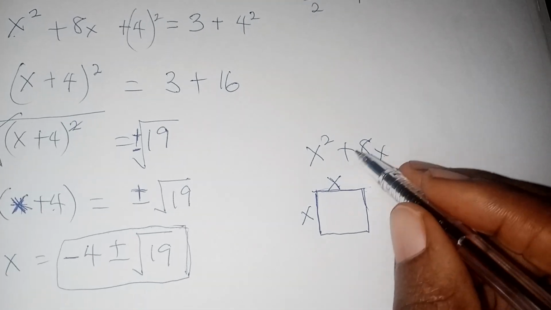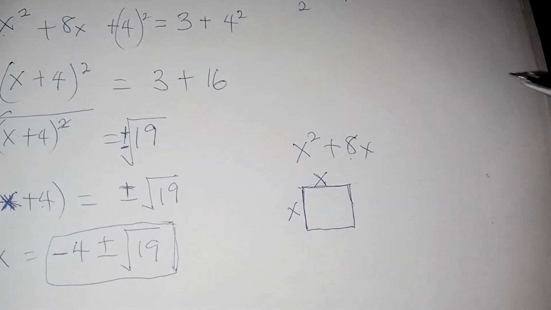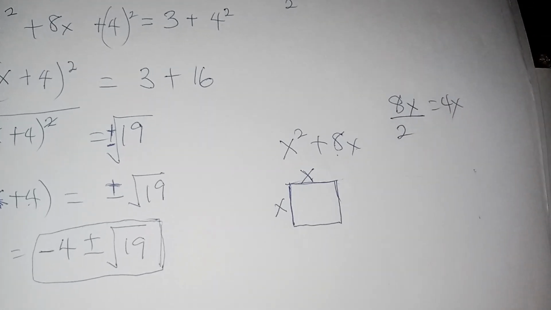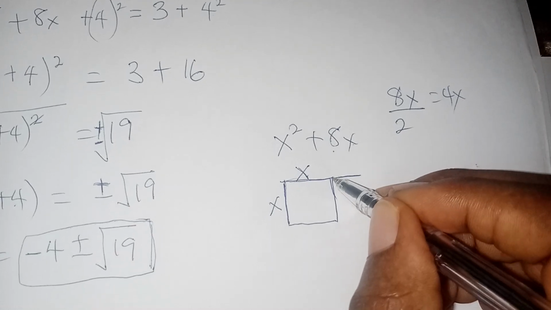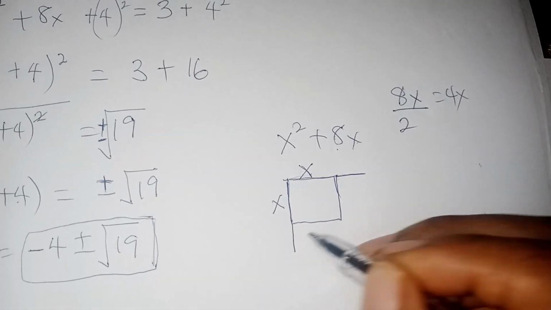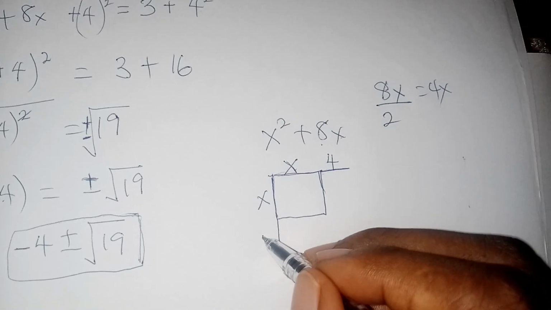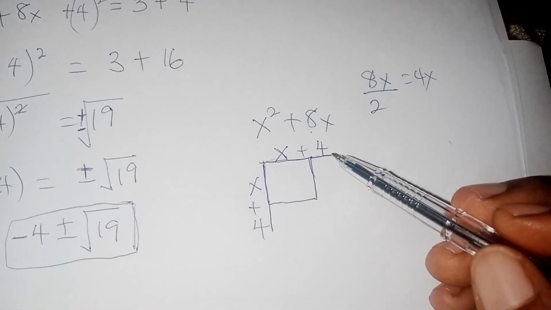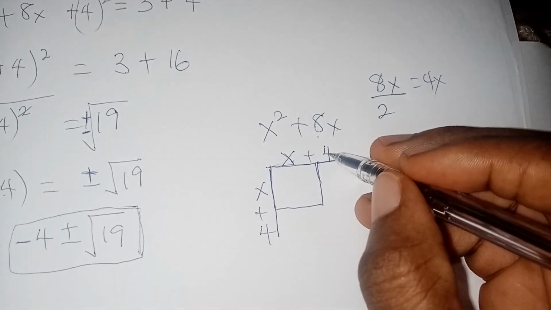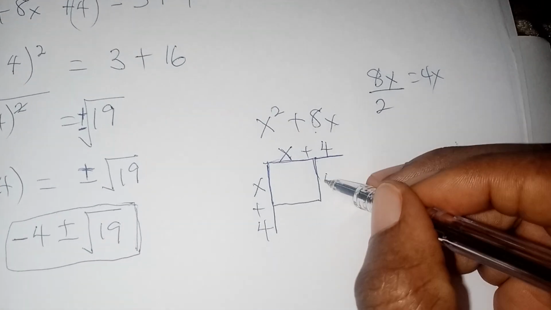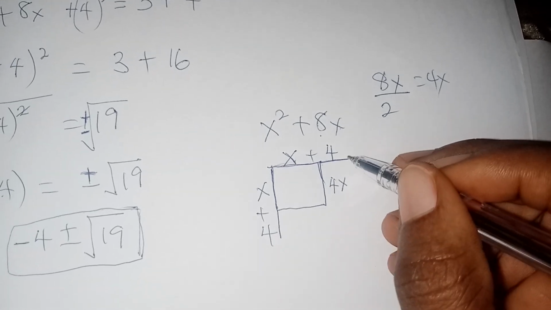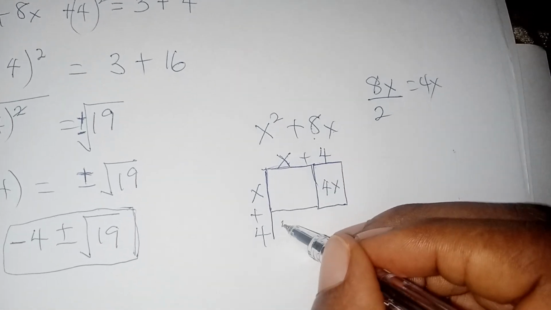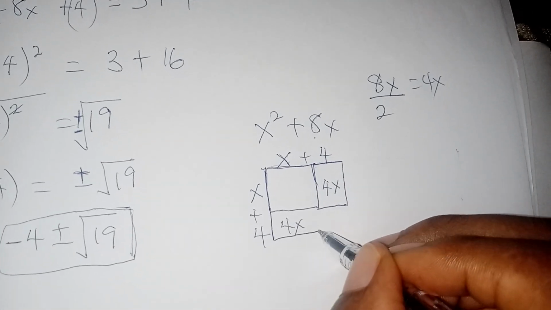That brings us to having to take half of this number, and that will give us what? 4x. So we just elongate it a bit and introduce our 4, add it up. Are you getting it? So now the next thing we're going to do is 4 times x will give us 4x. Okay, we close this up. 4 times x, 4x again, we close it up.